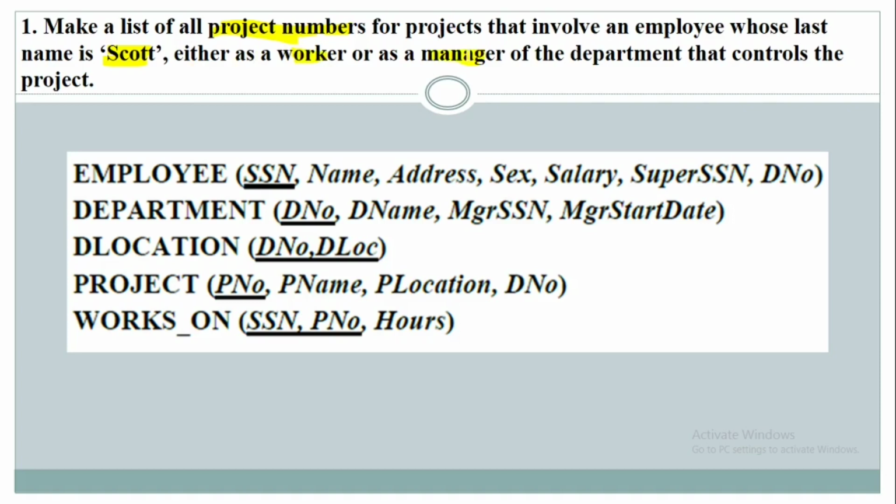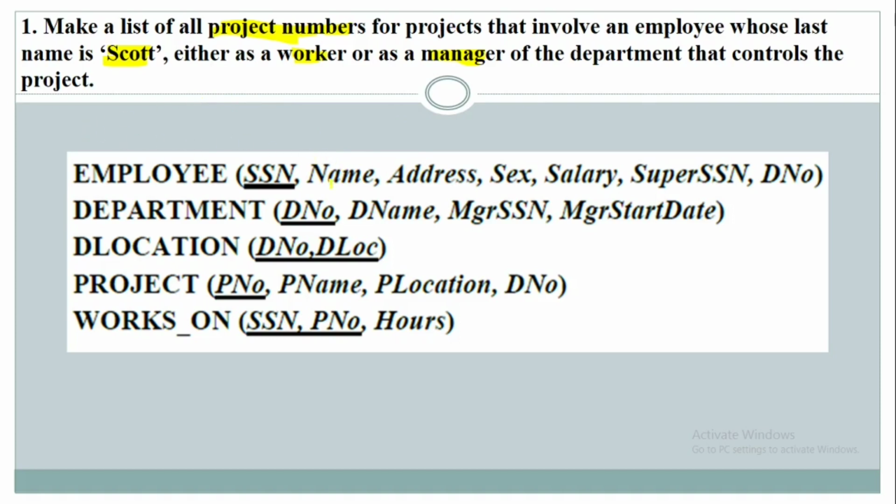So what I want is the list of project numbers where an employee Scott is working either as a manager or as a worker. Now first, how will I come to know whether Scott is a manager or not?